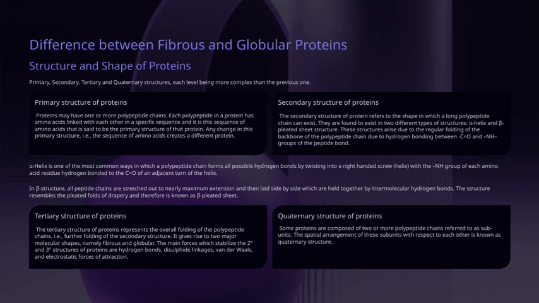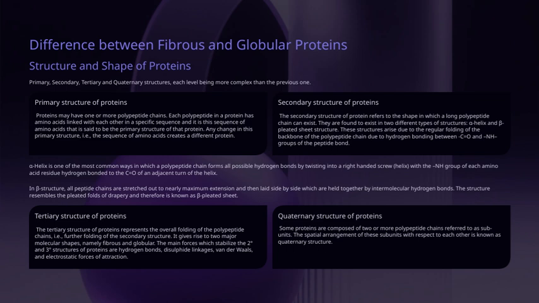This arrangement resembles the pleated folds of drapery, so we call it a beta-pleated sheet. In contrast, the alpha helix forms when the polypeptide twists into a right-handed screw. This helix is stabilized by hydrogen bonds between the NH group of one amino acid and the C=O group of an amino acid a few residues away, creating a coiled structure.